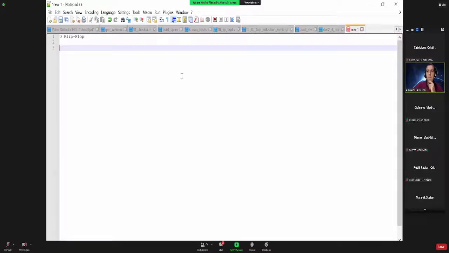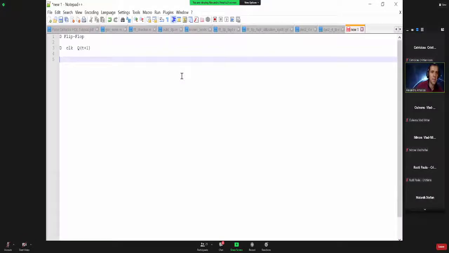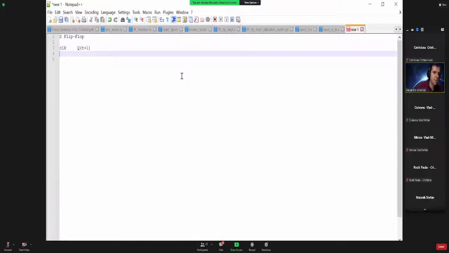Okay. So basically, the truth table for the D flip-flop has the input D, the output, let's say Q, and it also has the synchronization signal clock, okay? So here, Q of T plus 1. I have deleted the D, since it's mostly related to clock.